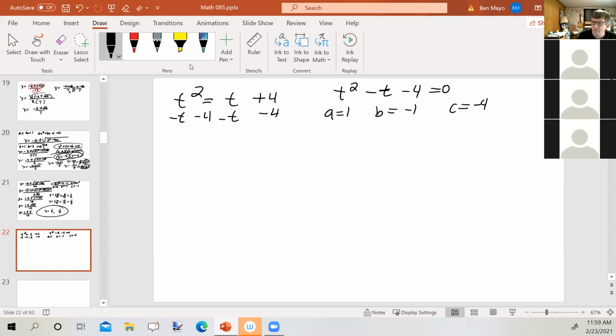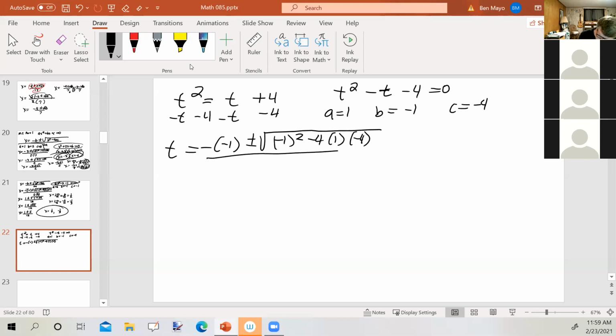So actually we're solving for t now, not x. So t equals negative b plus or minus the square root of b squared minus 4ac, all over 2a. t equals 1 plus or minus the square root of 1 plus 16, all over 2, because negative 4 times 1 is negative 4, and negative 4 times negative 4 is plus 16.